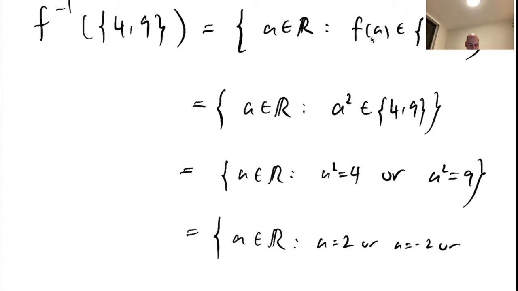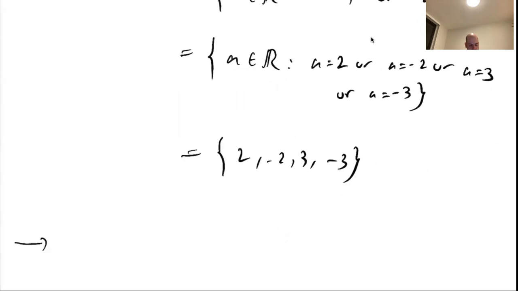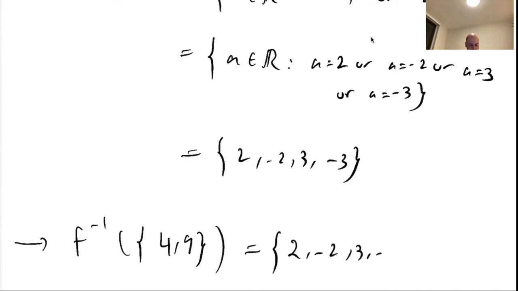And a squared equals 9 means a is equal to 3 or a equals minus 3. So we show that f inverse of {4, 9} is equal to {2, -2, 3, -3}.